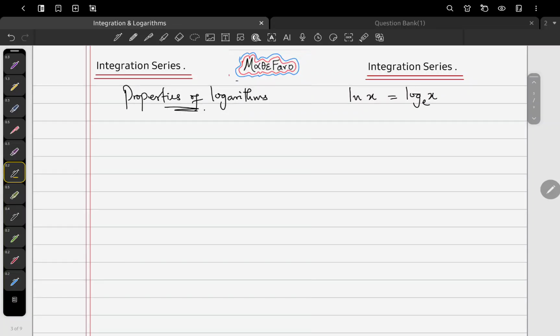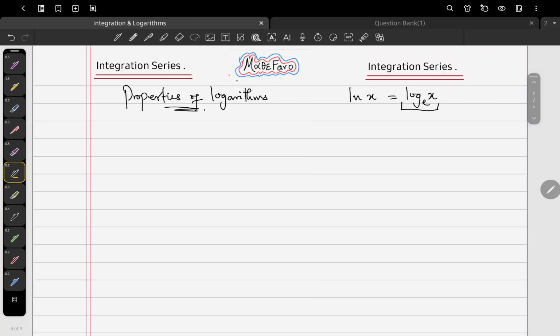When we see ln, it comes from the French word logarithme naturel, so it just means natural logarithm. And anything we say about the properties of the natural log of x, just remember that it is about the logarithm of x to base e, and it is going to work with any base.